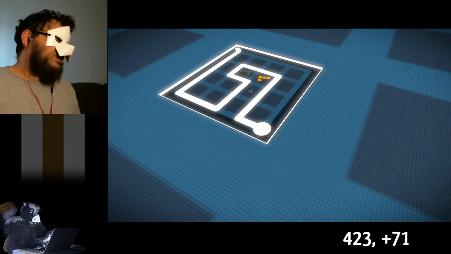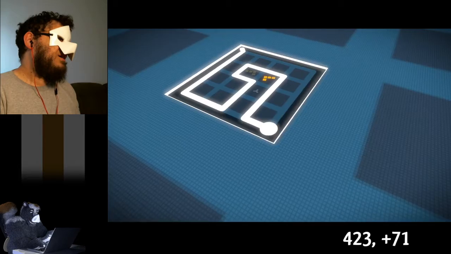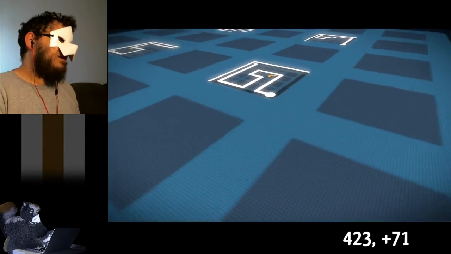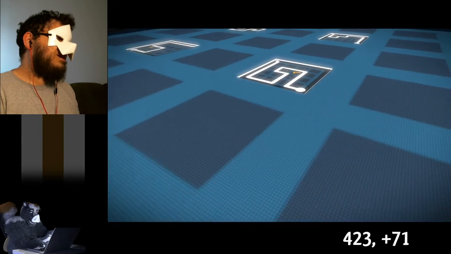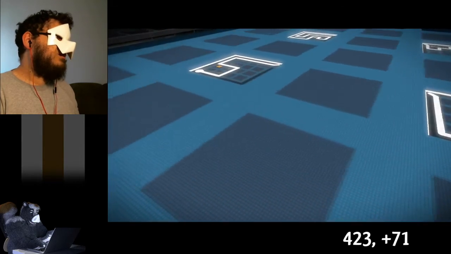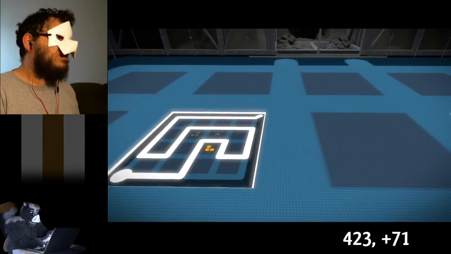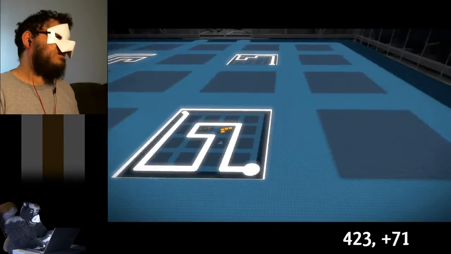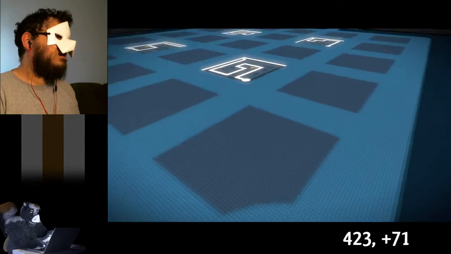Okay, so it looks like the challenge is to get a shape that can be built from this side that includes that square. Oh. No, okay.